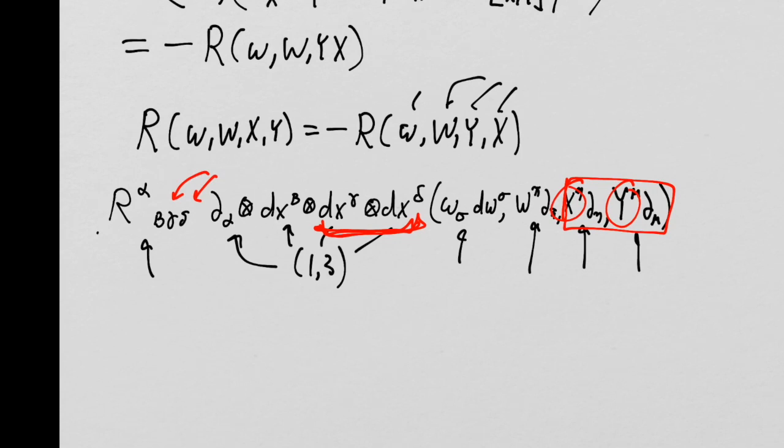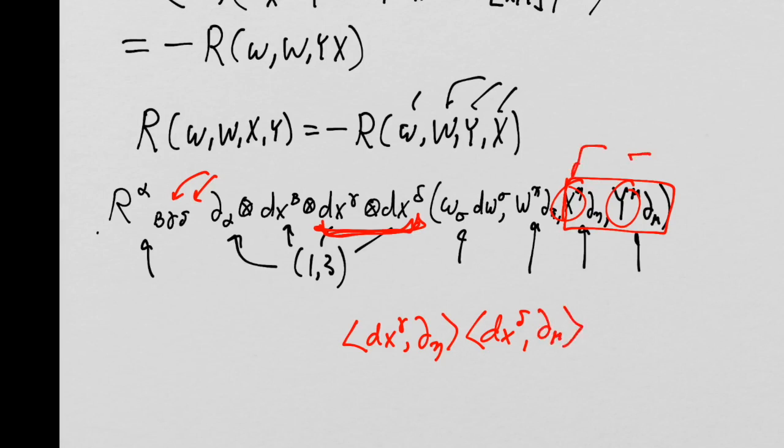And just as a reminder, the way that works is pretty straightforward, but it ends up being that dx gamma will operate on partial nu, and then dx delta will operate on partial mu. And then the x nu and the y mu will come out in front.